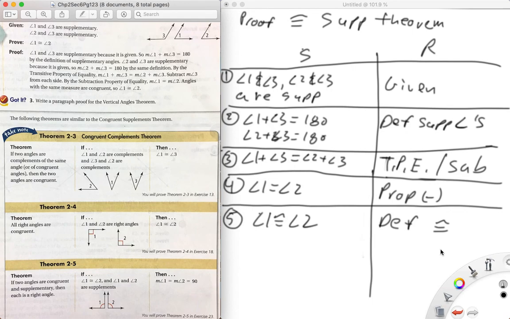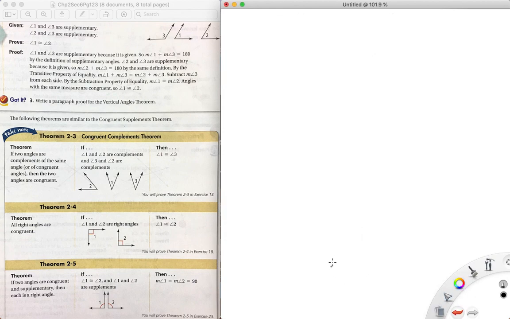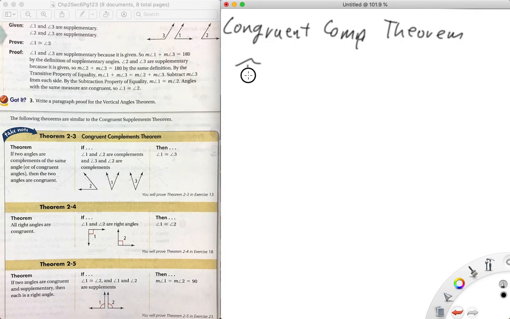We also have the congruent complements theorem, and the way I write this is the congruent symbol, complement, and then sometimes I write theorem and sometimes I don't. It says that if two angles are complements to the same angle, then they are congruent.